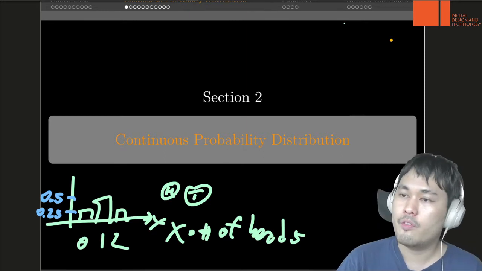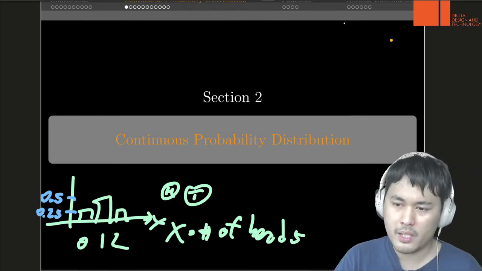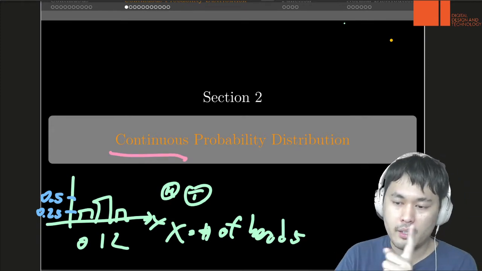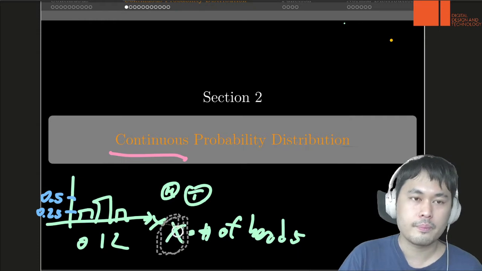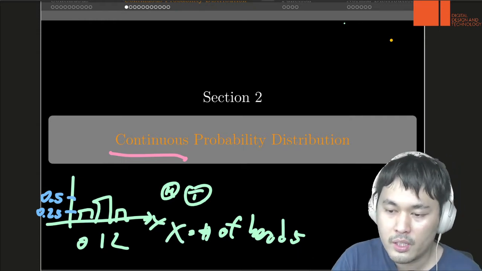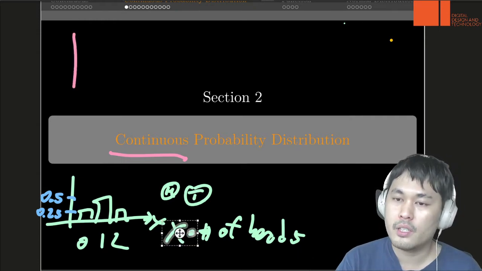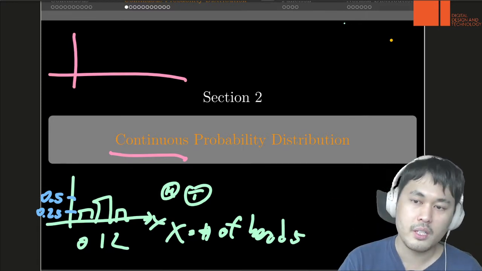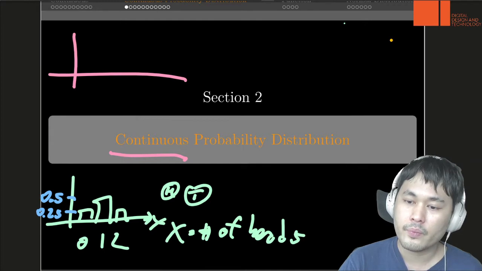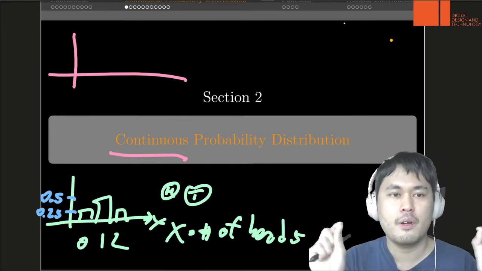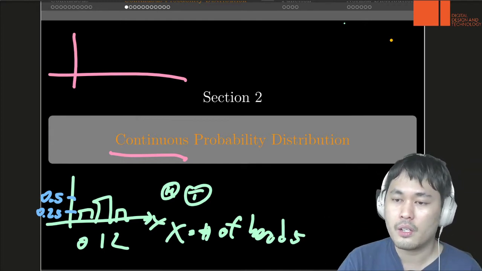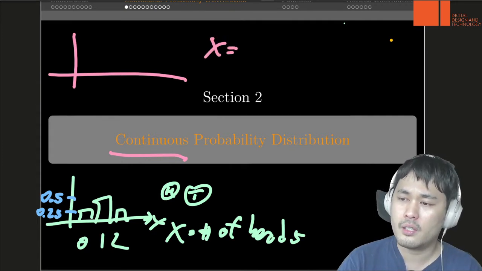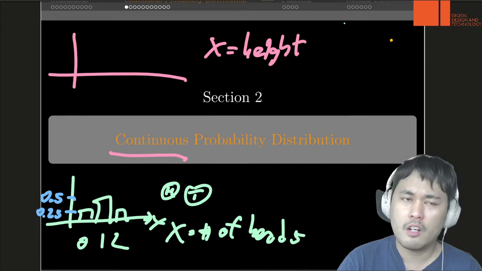But now we are moving to the new topic, which is the continuous part. By continuous, it means we still have the variable x in whatever way you want to define that, but now the range of all the possible outcomes is continuous, meaning they fall into a range of real numbers where you cannot say exactly what they are. For example, I can say that x is the height of a person.